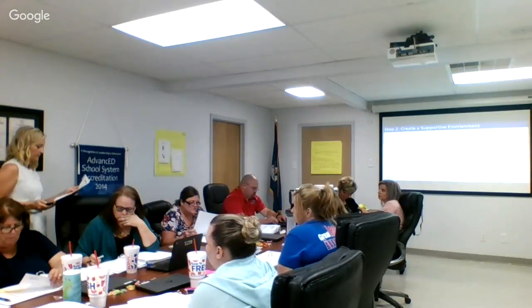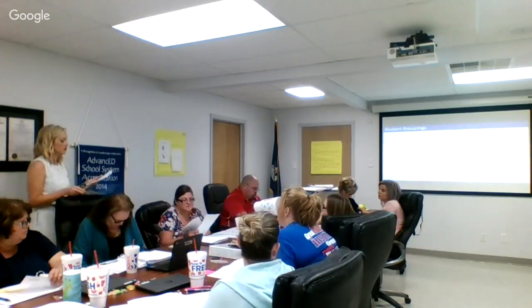So, I mean, that type of environment. All right, so it's important to point out, this isn't a one-time step. It's an ongoing process throughout the year to build this type of environment. Some considerations, like when you're doing student groupings, because a lot of times you might have them grouped together.